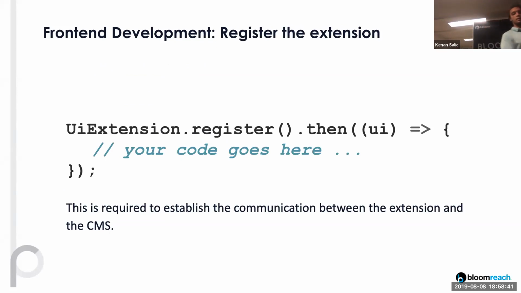All right, what you do next is register the UI extension, and then you'll get back this UI object. This is essentially what is required to establish the communication between the extension, the front-end project you have created, and the CMS. You'll be able to communicate back and forth on the properties which you want to get stored in that particular document.